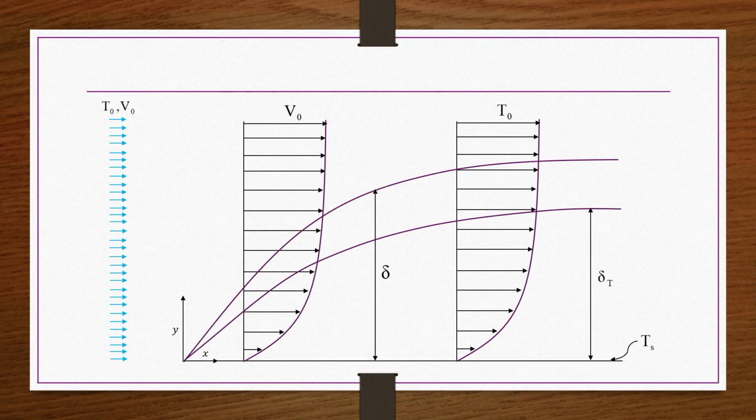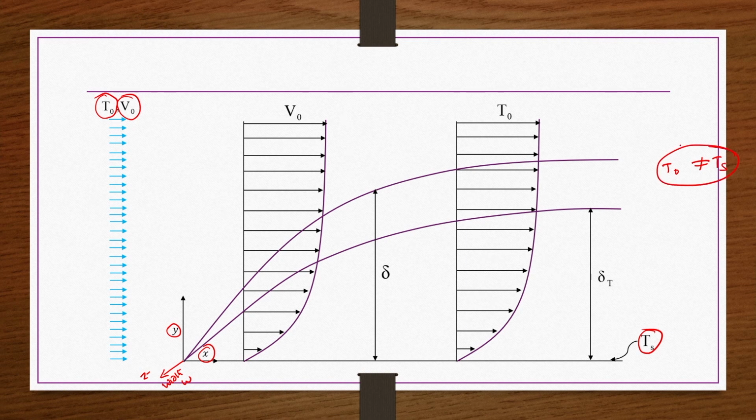So, pictorially it is shown here. Again the horizontal direction is the x direction, the vertical direction is the y direction, and then the z direction. In the z direction, the width is nothing but w. The surface temperature Ts we are taking. A free stream fluid is moving with a free stream velocity v naught at temperature T naught. Now, this T naught and Ts are not equal to each other, they are different from each other.